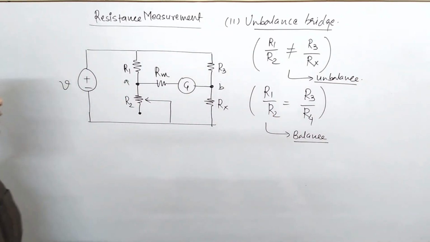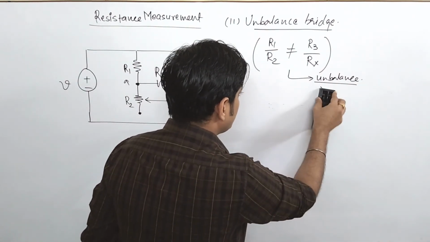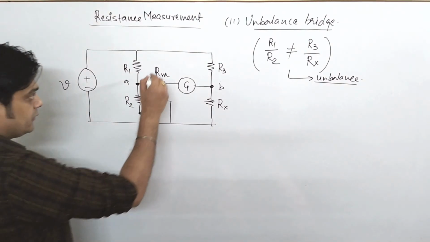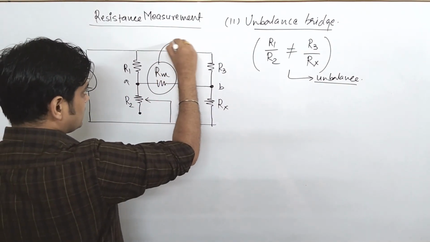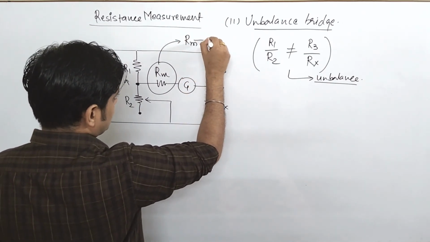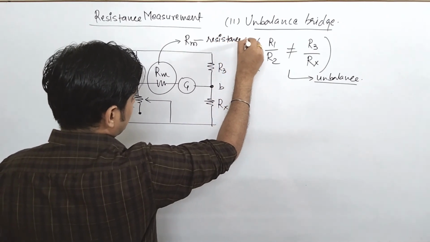Since we are talking about the unbalanced condition, just keep that in mind. So this is your condition. Here I have introduced one more resistance known as Rm, which is the resistance of the galvanometer.